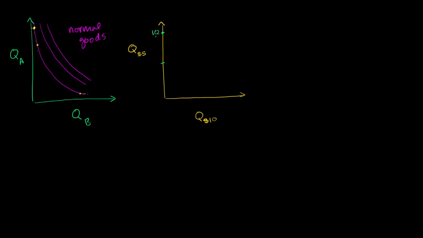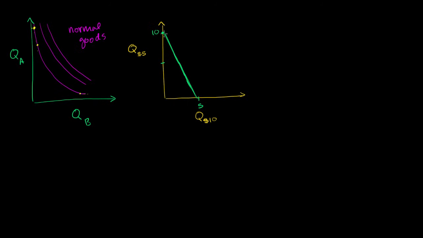Well, that's $50. I'd be indifferent between that and 5 $10 bills. So this is 5 right over here. And any point in between, I would be indifferent because I'm always willing to trade off 2 $5 bills for 1 $10 bill. So my indifference curve would be linear in this case.